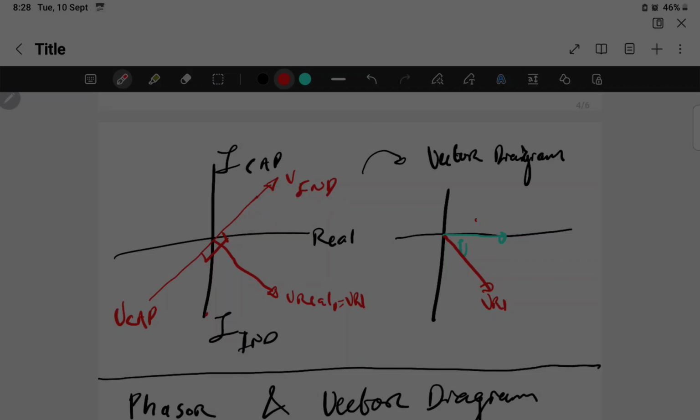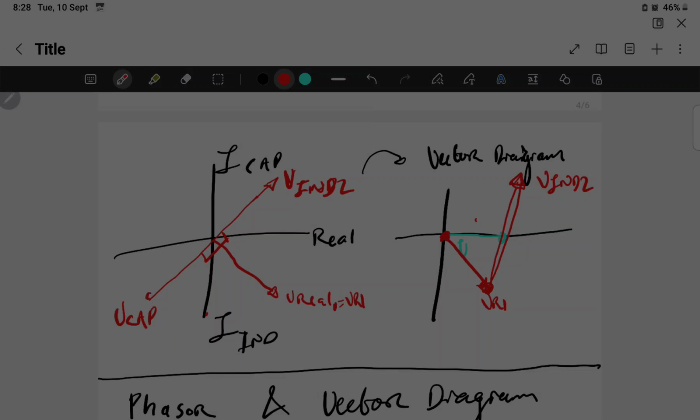Then we have this one over here, which is called our inductor, so we're going to draw that, VIND2. We are following the head to tail method, so there's your head, going there to the tail, there to the head, and there to the tail.